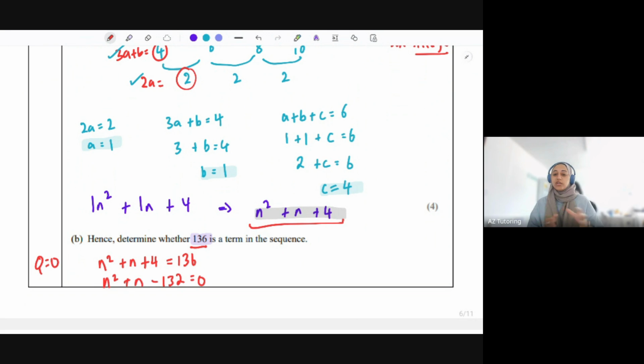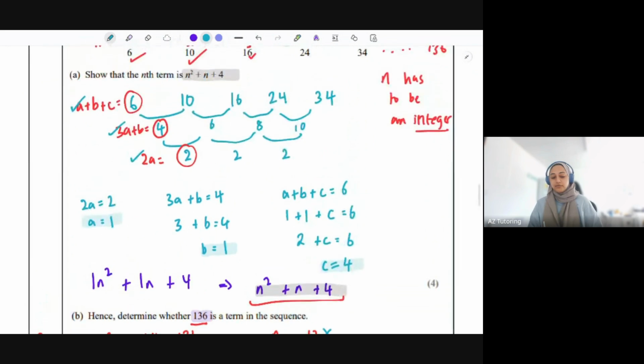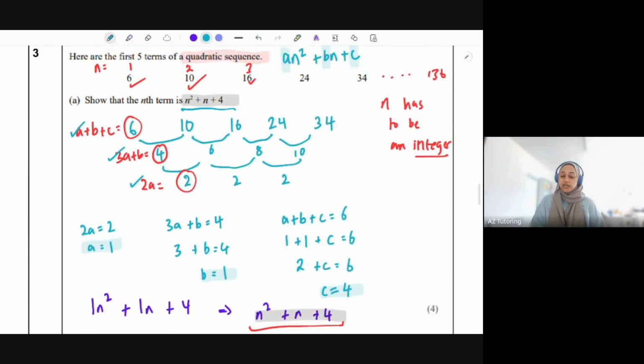But when you do factorize it or use the quadratic formula, which you can try in your own time, you should get n equals minus 12, and you should get n equals 11. Now, we can't have a negative number for a quadratic sequence. n cannot be negative either. It has to be just a positive integer. So I should have really written positive integer there.